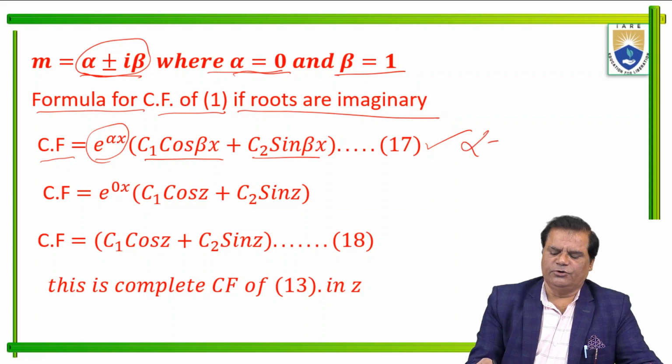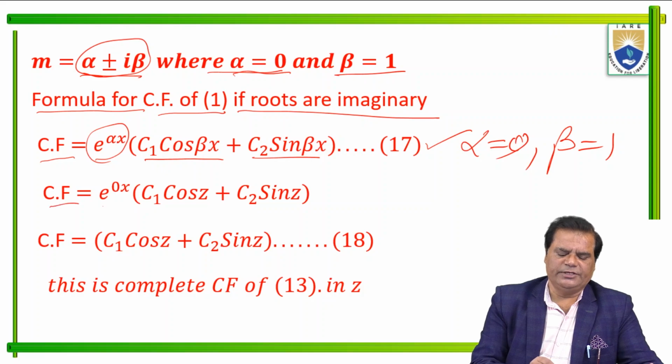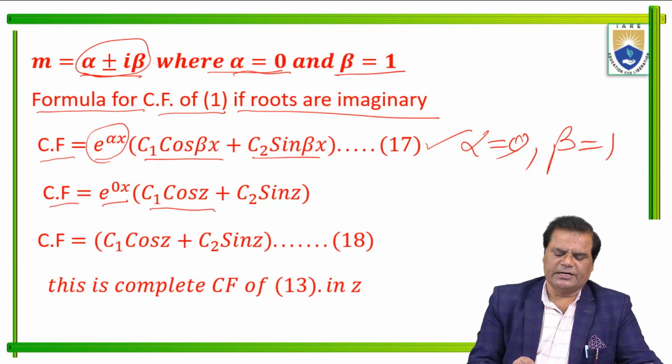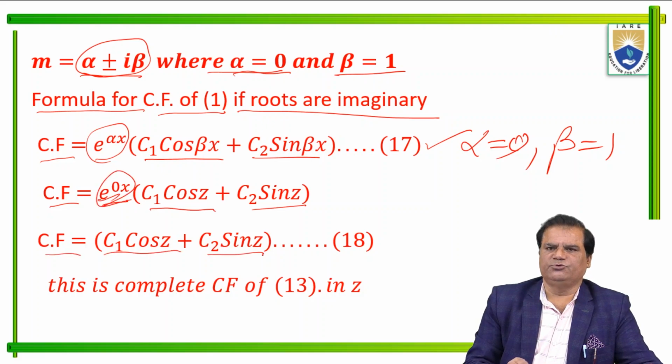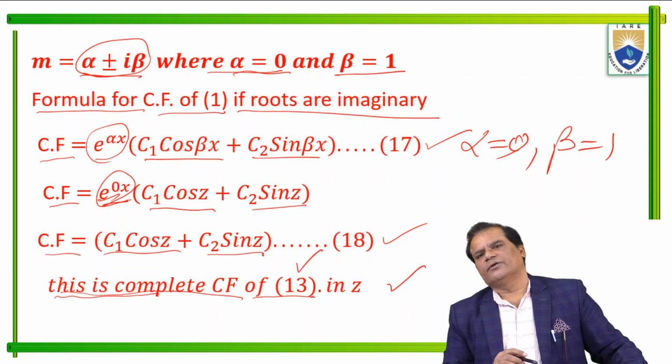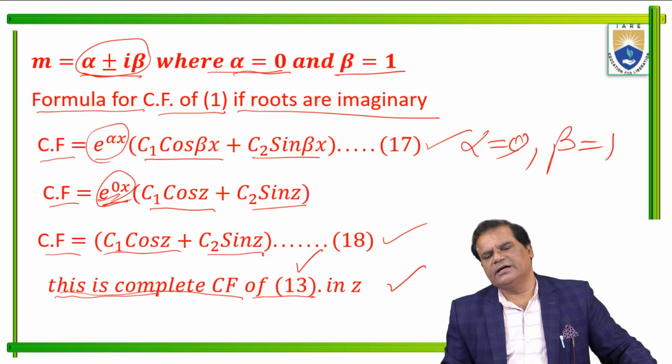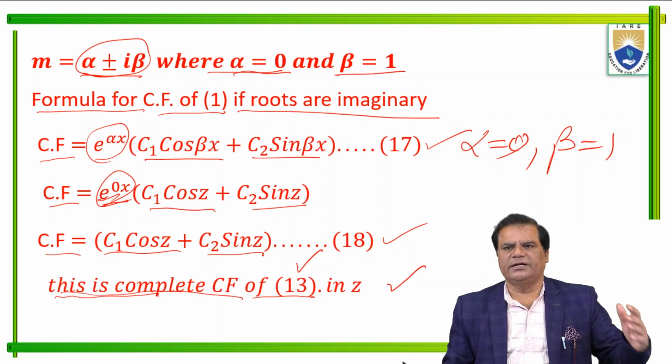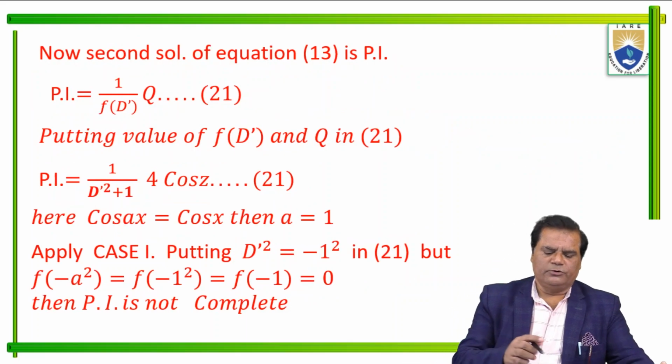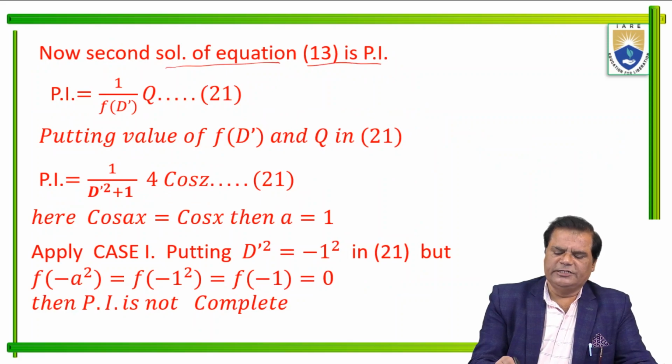Putting alpha 0 and beta 1, CF is e^0 (c1 cos z + c2 sin z), which is c1 cos z + c2 sin z. This is equation 18, the complete complementary function of equation 13 in z. So now the solution of equation 13 is PI.